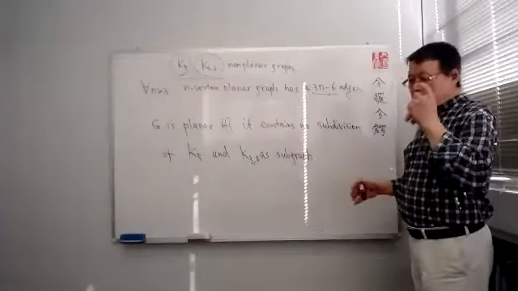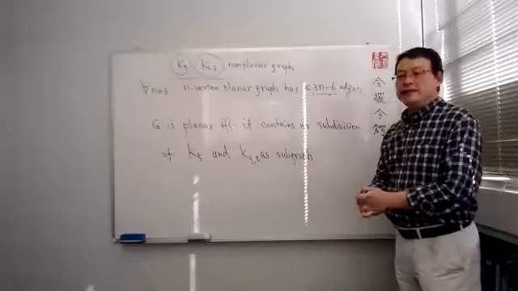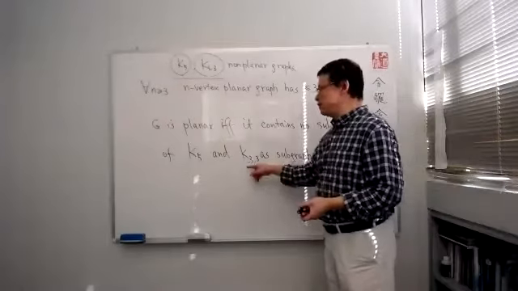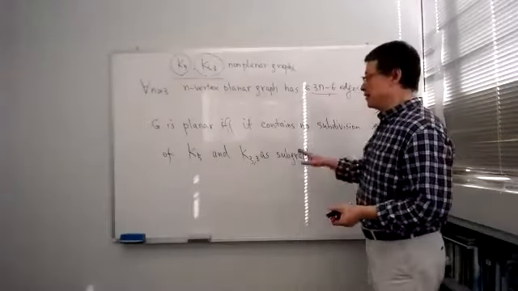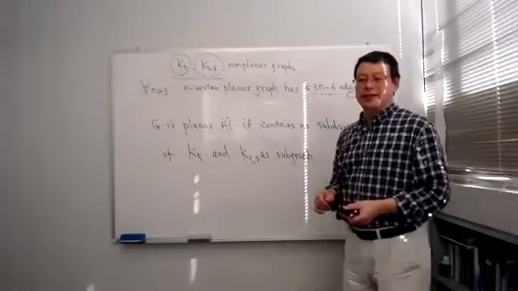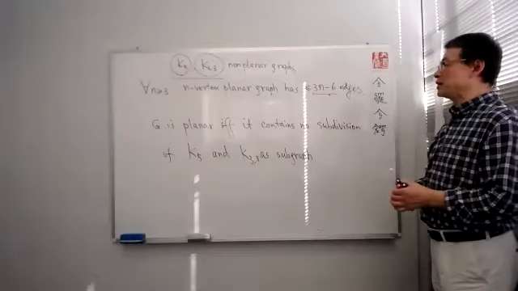One direction is again trivial. If it contains a subdivision of them, of course it is not planar. The beauty is that whenever it does not contain such a subdivision, then it's always a planar graph. Of course, the proof is complicated. I'm not going to show it.